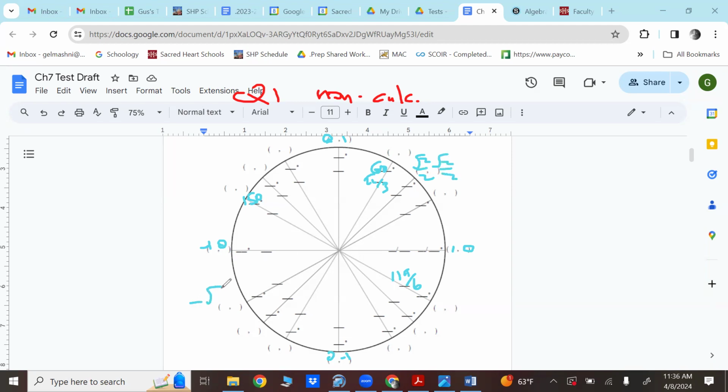Let's say this is negative root 3 over 2 and 1/2. Let's say this is root 3 over 2 and -1/2. Let's say this is 90 degrees. We'll say this is 3 pi over 2. Okay, so if I fill out the inner circle like this, you guys feel comfortable kind of doing it? We'll just kind of go around.